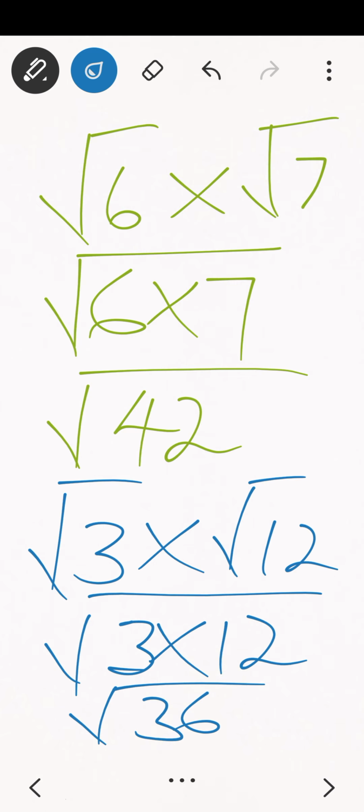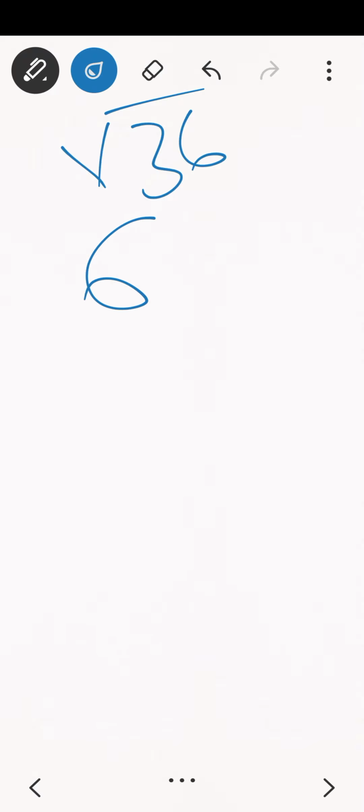And note that over here root 36 is a perfect square, so because of that, when you simplify you're going to get 6.